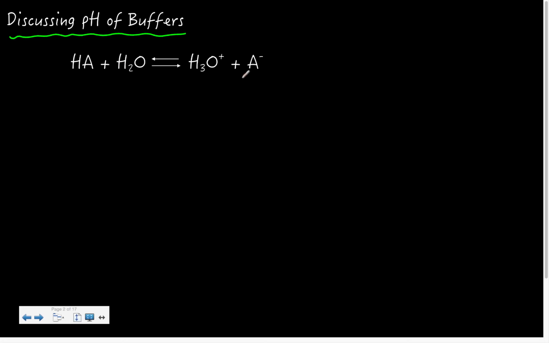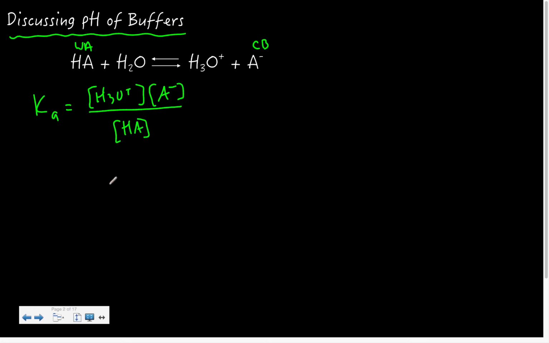So here we have our general dissociation or hydrolysis reaction with water for a weak acid. We're going to call this our weak acid, and this over here is its conjugate base. So let's talk about writing a K expression. This would be a Ka, and it's going to be hydronium ion, A minus ion over HA.